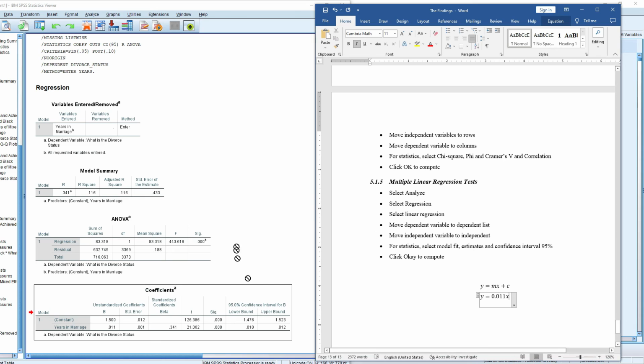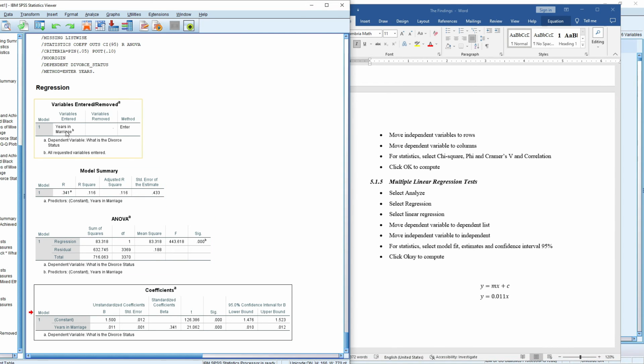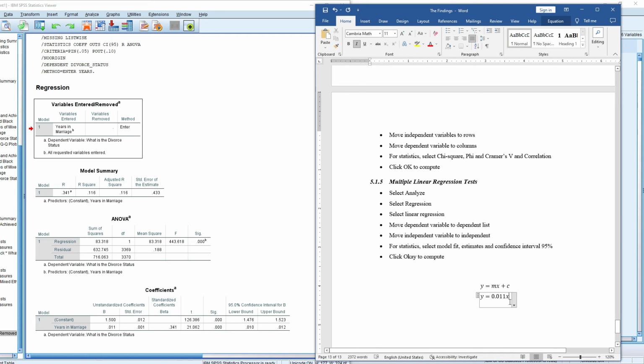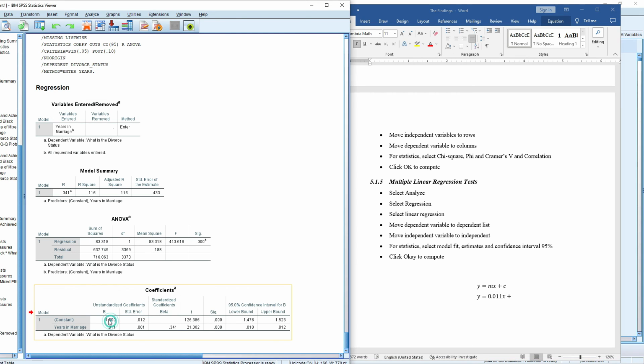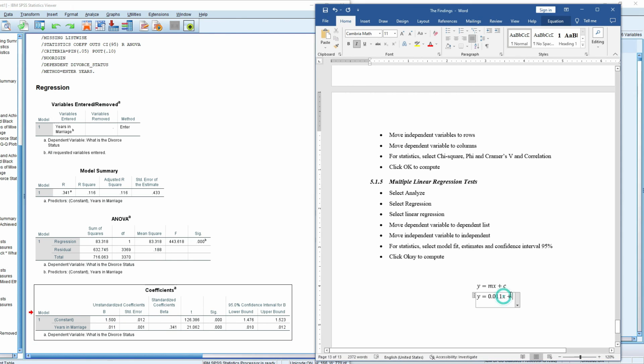X is the independent variable, which is years in marriage. Then I add c. C is 1.5 for the intercept. So this gives us the relation between the years in marriage and the divorce status.